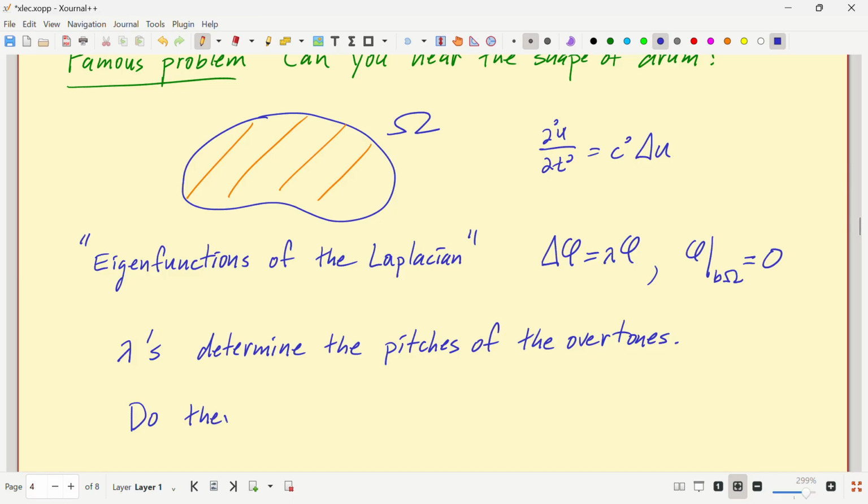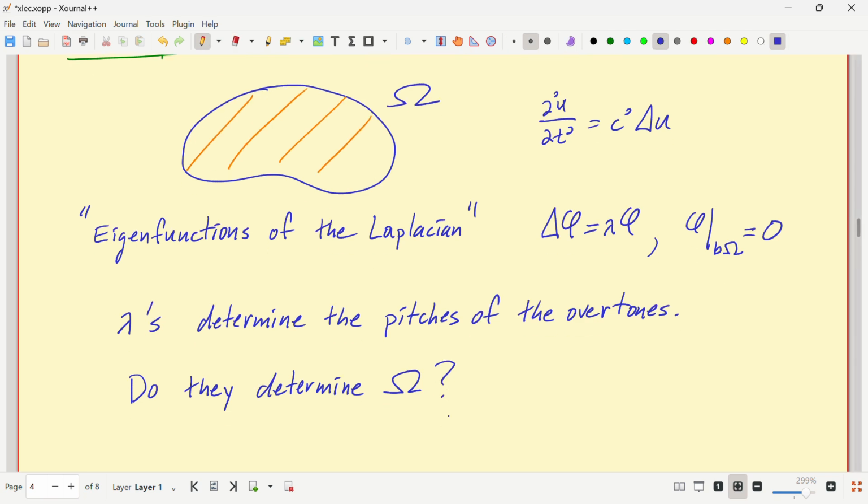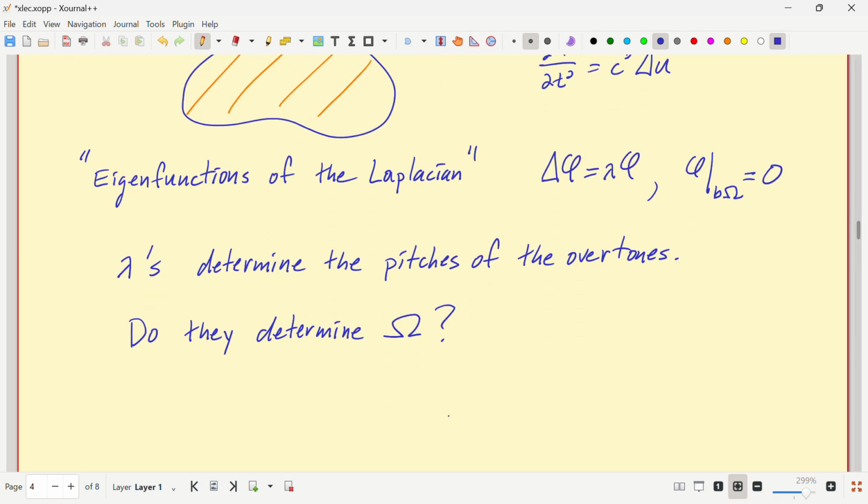Do they determine omega? And that was an open question for years and years. And when I was a grad student, Carolyn Gordon finally showed that no, they don't. It was a real bummer.